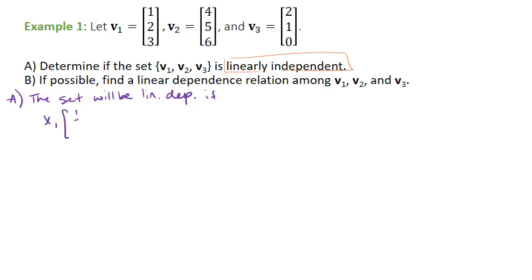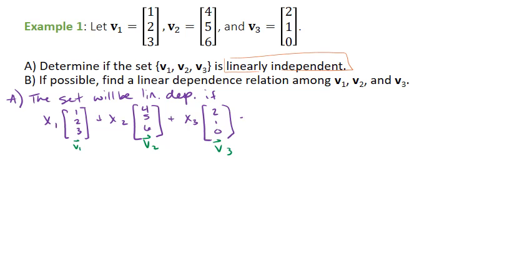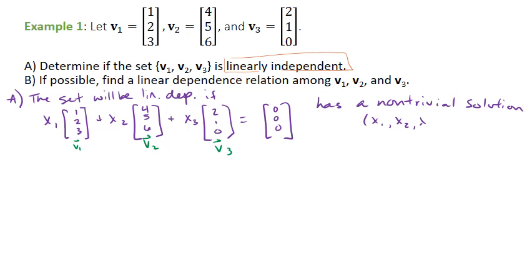So if x1 times this vector, so remember this is vector 1, plus x2 times vector 2, plus x3 times vector 3 is equal to 0, and this has a non-trivial solution, so in other words, if x1, x2, or x3 does not equal 0, or if a free variable exists, then it will be linearly dependent.